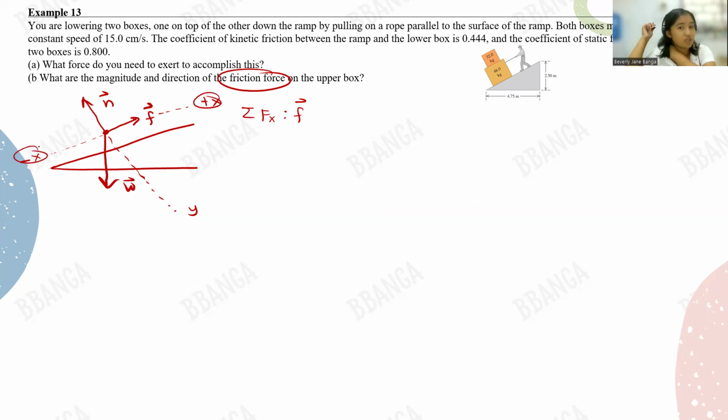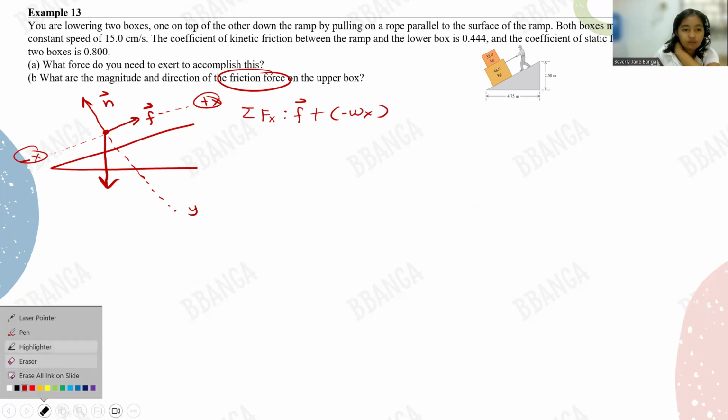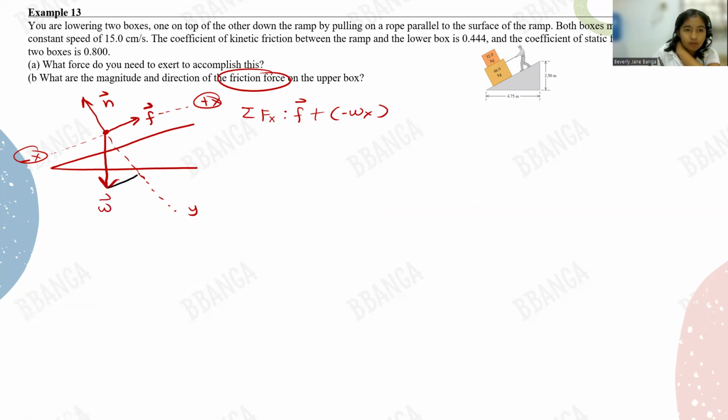Ako lang yung naglalagay niyan. So, bahala kayo kung gusto nyo yung negative, ito yung positive. Okay lang, no problem. So, positive F plus negative W, kasi nga, ito, may wx ka na naman, and may wy ka na naman.